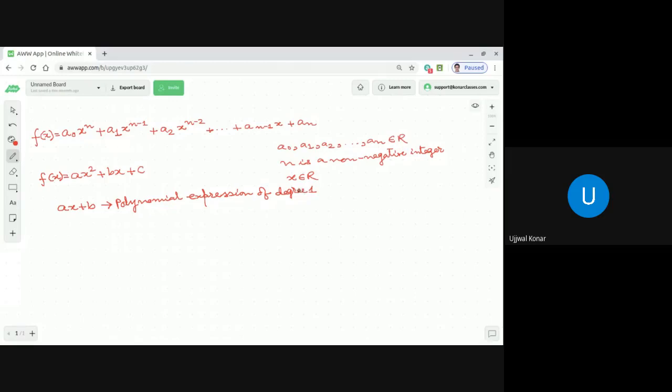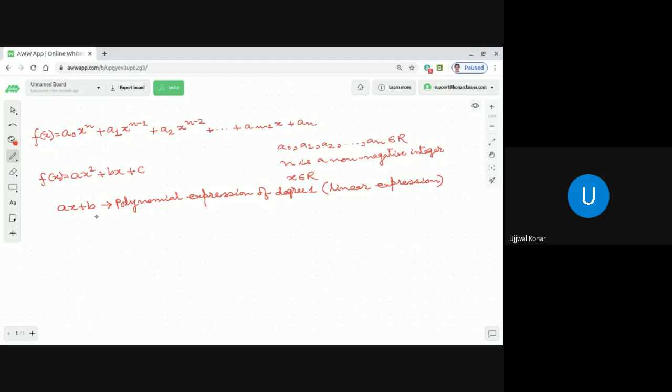Correct? And it is known as a linear expression. Clear or not clear? Absolutely clear? Okay. And what are A and B here? A and B are real numbers. X is also a real number.